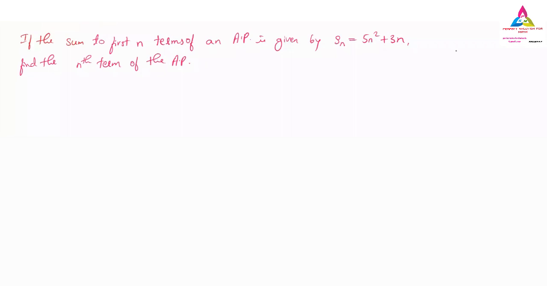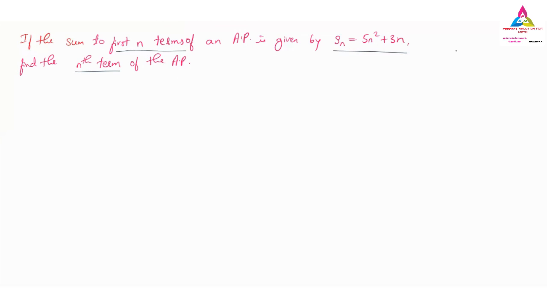Okay, when the same question comes again. So the question is here, you can see: if the sum to first n terms of an AP is given by Sn is equals to 5n square plus 3n, find the nth term of the AP. So here they have given the sum to first n terms, and they have given the formula as Sn is equal to 5n square plus 3n, and they have told us to find the nth term.